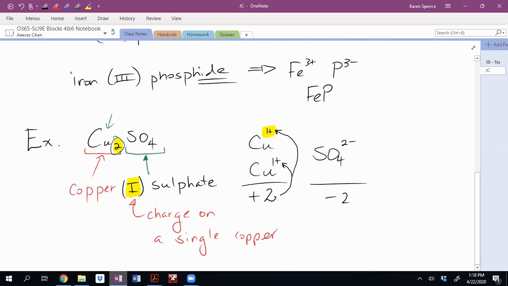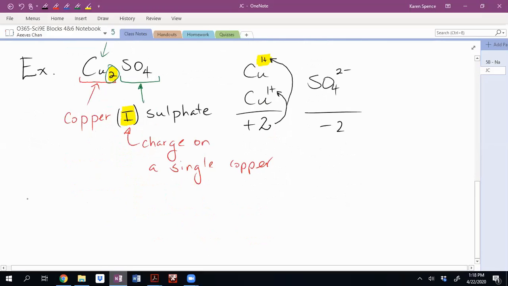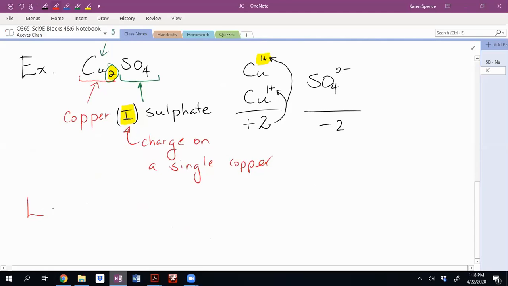Okay, I'm going to give you a really weird one because normally we wouldn't see something like this, but we have Hg2NO2.